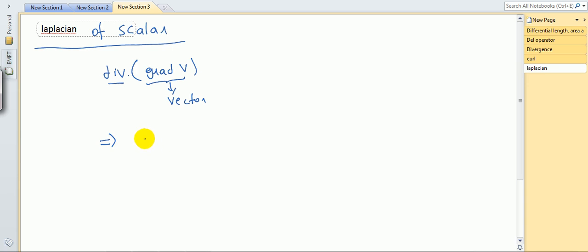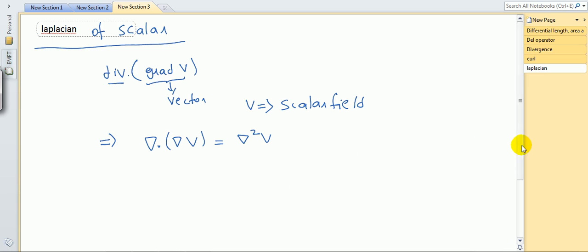So if we write in del operator form, it will be something like this. If I consider the V as my scalar field, here I have taken the gradient, and then I have done the divergence, that is the dot product with the del operator. So it can be simply called as del square V. It also has three formulas for the different coordinate systems.